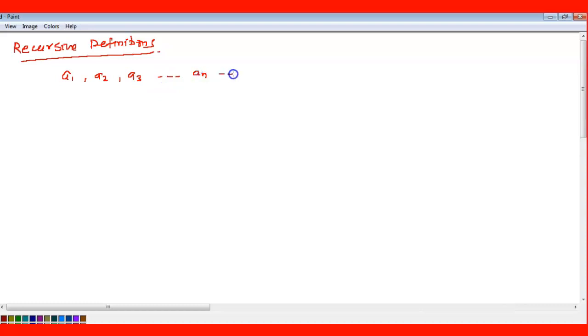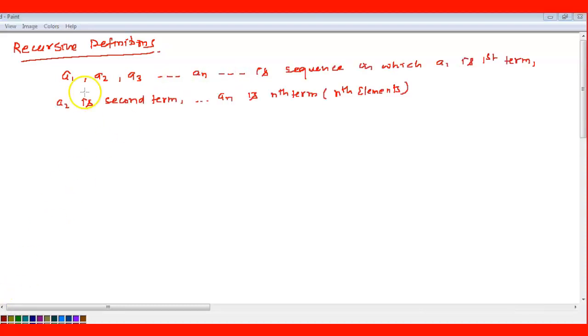Here a1 is the first term, a2 is the second term, a3 is the third term, and so on. a_n is the nth term, which we also call the nth element, right?